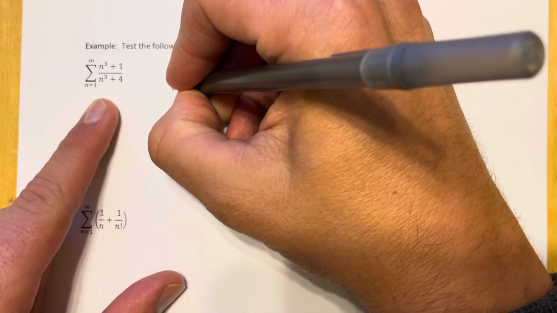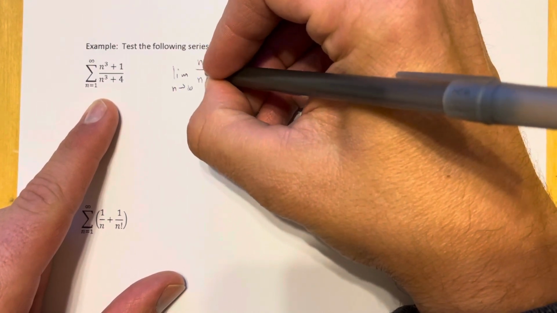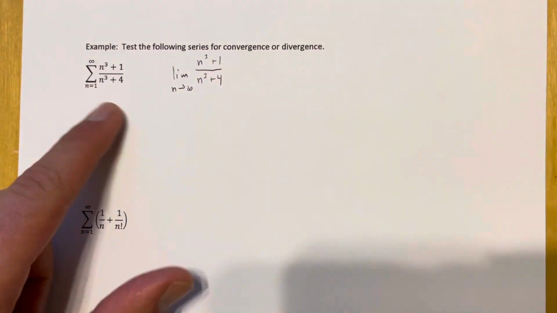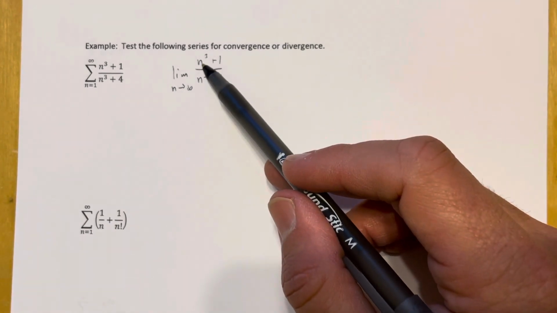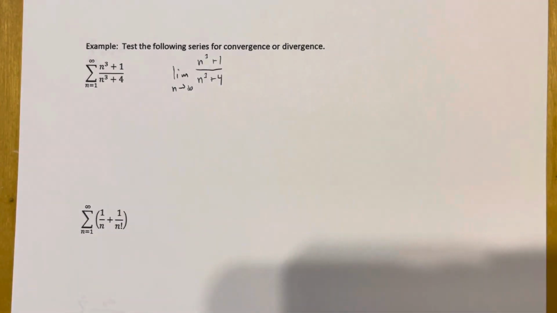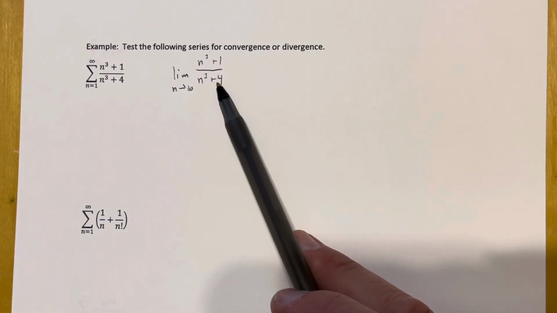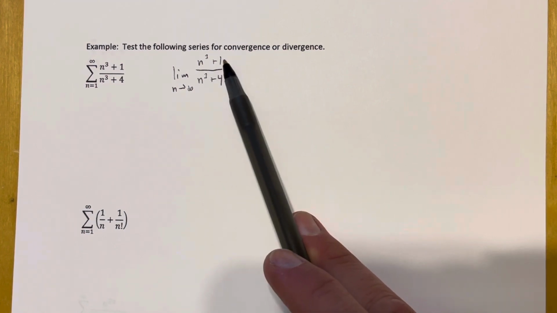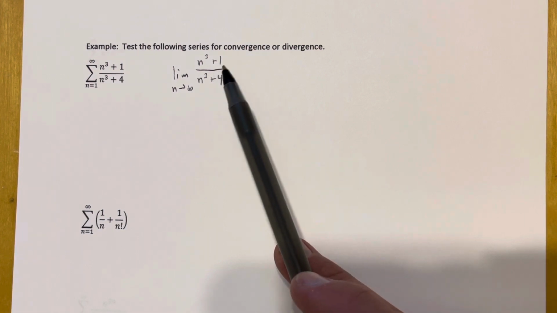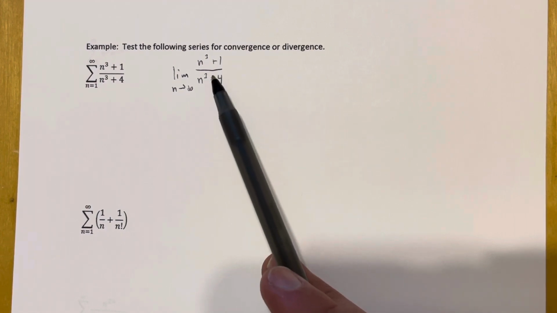So if I take the limit as n goes to infinity of n cubed plus 1 over n cubed plus 4, you should see that you have an infinity over infinity type of indeterminate form. But we have encountered enough of these types of limits to know what to do with them. Just as a reminder, we have a rational expression here where there's a polynomial in my numerator, a polynomial in my denominator, and the degrees of those polynomials agree with each other. They're both third-degree polynomials.